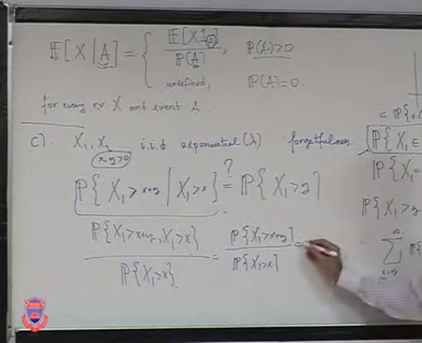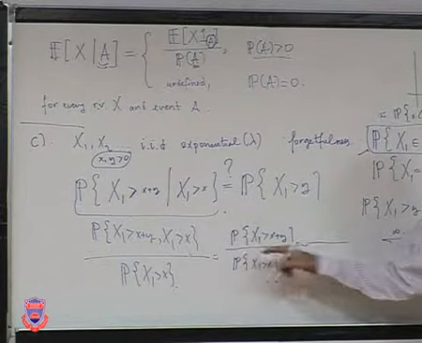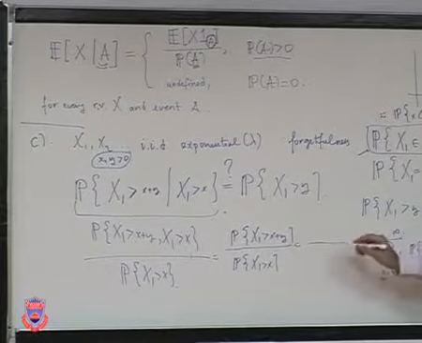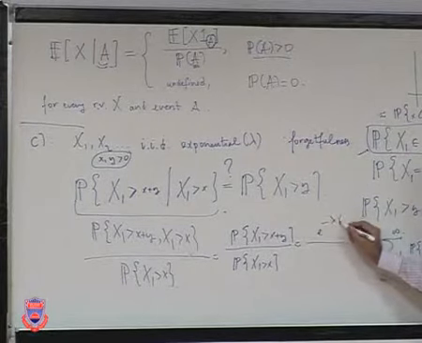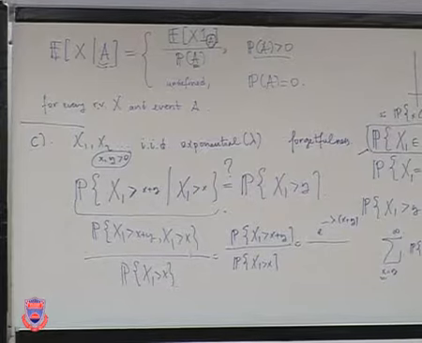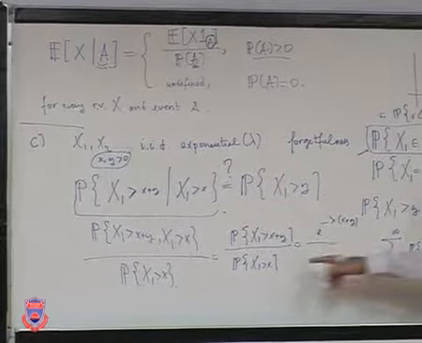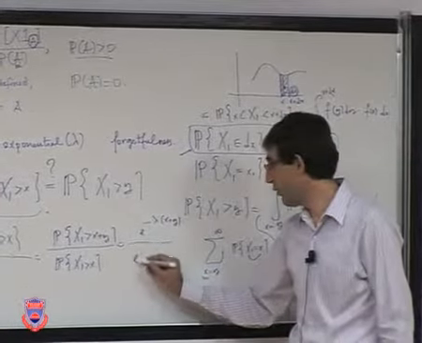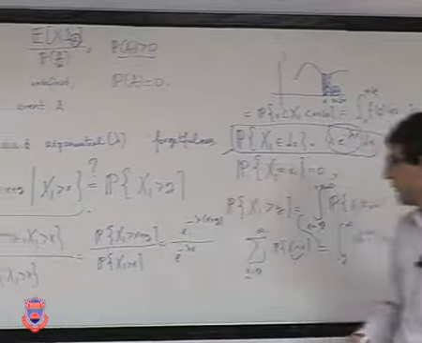Okay. And did I already calculate this probability? Well, of course. The probability that X1 is greater than y is given by this. Replace y with x plus y, so you get e to the minus lambda times x plus y. And here, to get this, you replace y with x to get the formula for that, which is this.